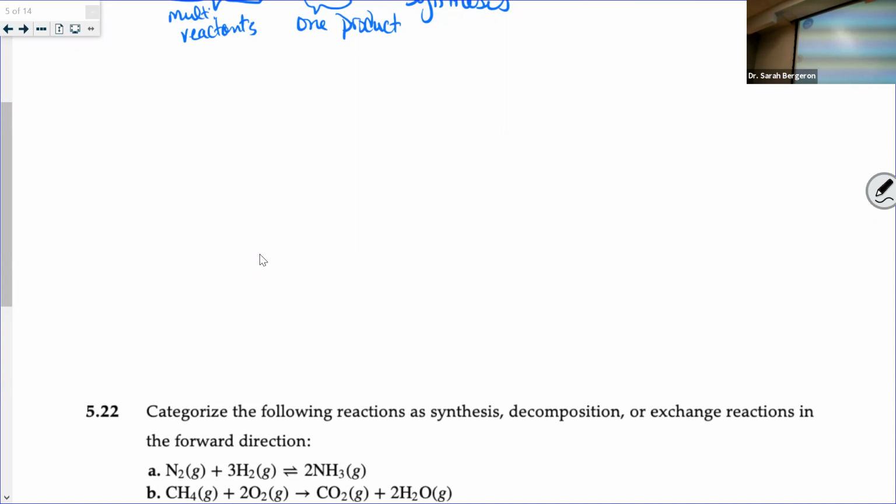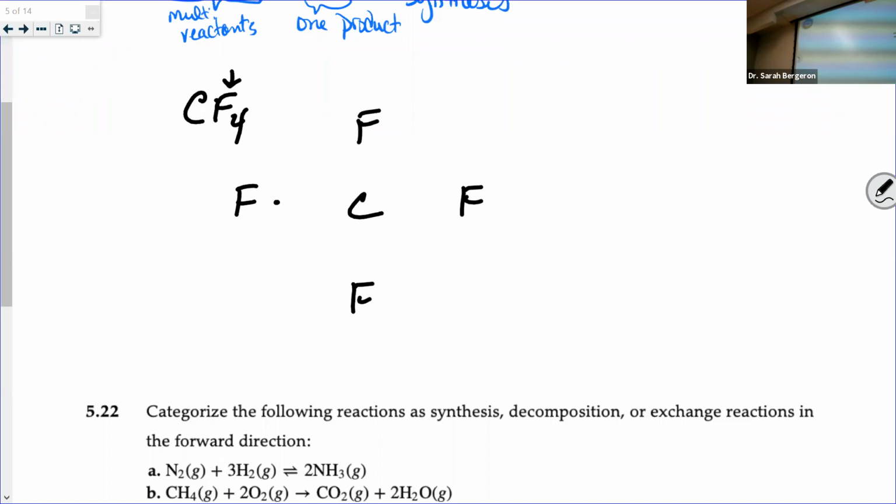So if you have carbon and CF4, remember, fluorine is the floozy. She wants all those electrons. There are 2 electrons shared between carbon and fluorine, but they don't spend time equally with both.